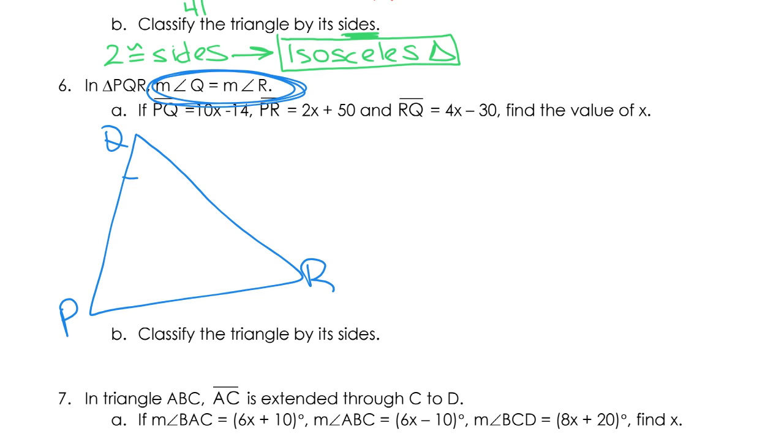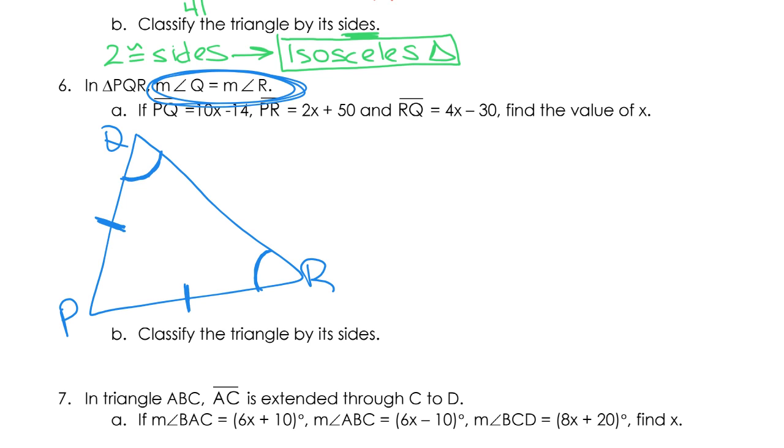And so in angle Q, you're going to go ahead and put an arc mark. In angle R, you're going to put an arc mark. And then you're going to be smart enough to say, if a triangle has 2 equal angles, across from those equal angles are going to be your equal sides. It's going to have 2 of them also. So across from angle R is the side PQ. Across from angle Q is the side PR.